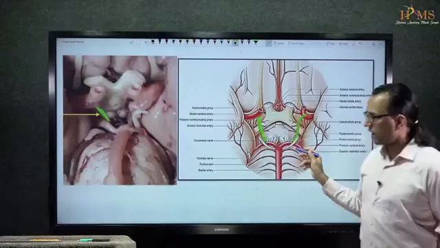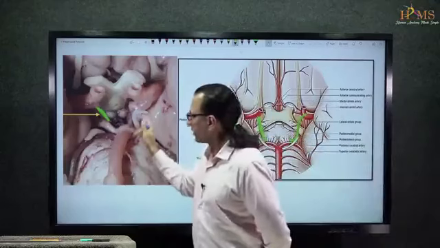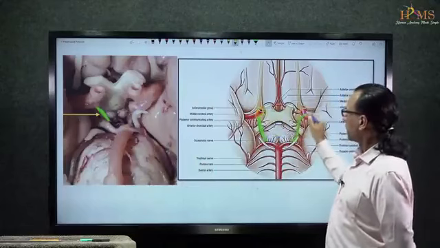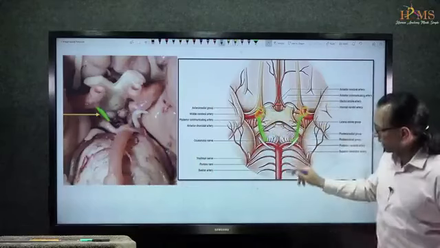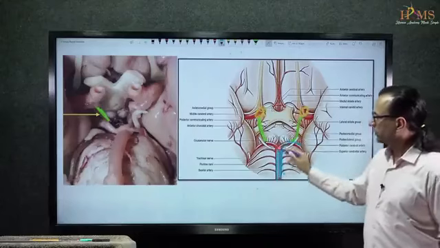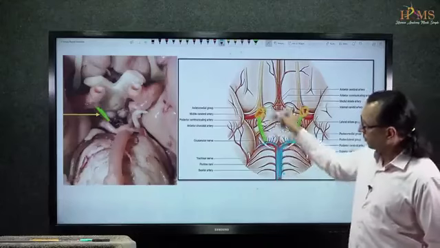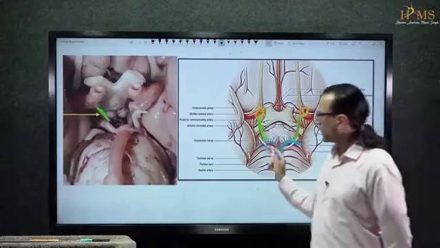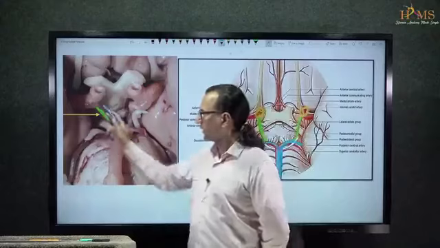This posterior communicating artery will be actually the branches of internal carotid artery here on either side. You can also make out the basilar artery here, giving the posterior cerebral arteries which were actually communicating with the posterior communicating arteries here. So we'll keep our answer as posterior communicating artery.